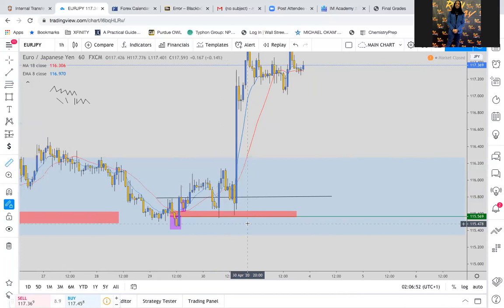It balanced back out, right? But what am I waiting for on its 78.6 or 61.8? For the wick? Nope. So what happens when price reverses to 61.8 or 78.6? PRZ, price reversal zone. Exactly. What am I looking for?